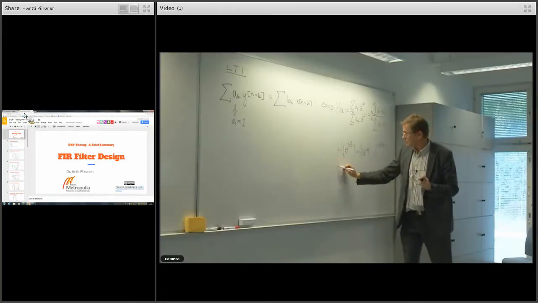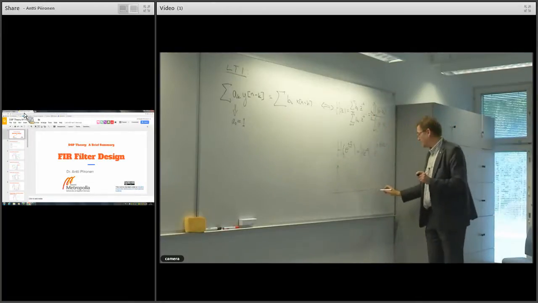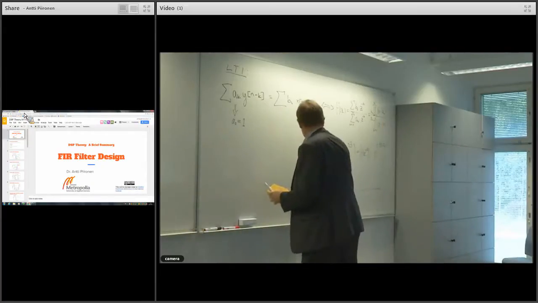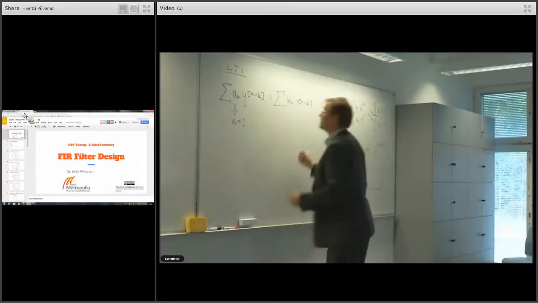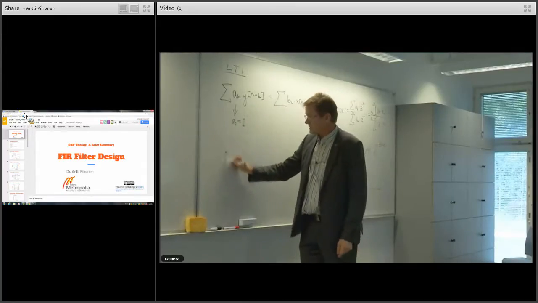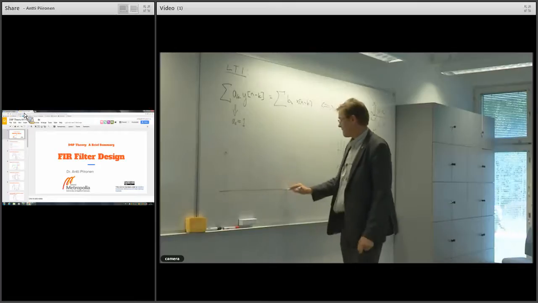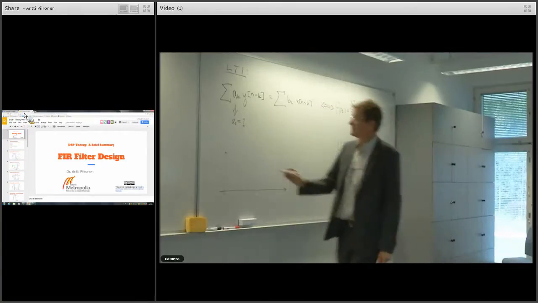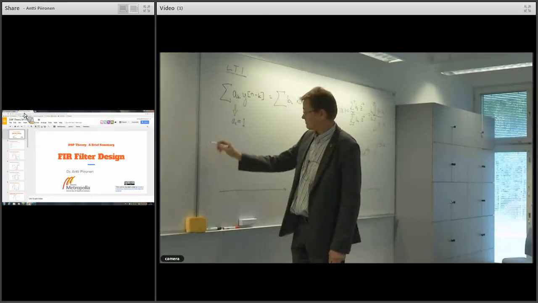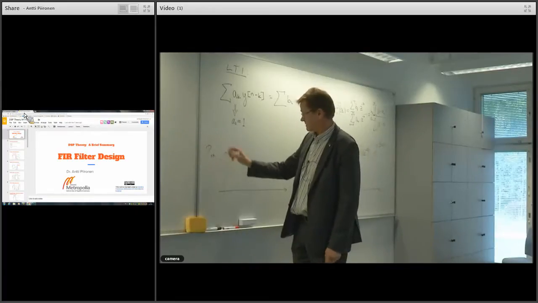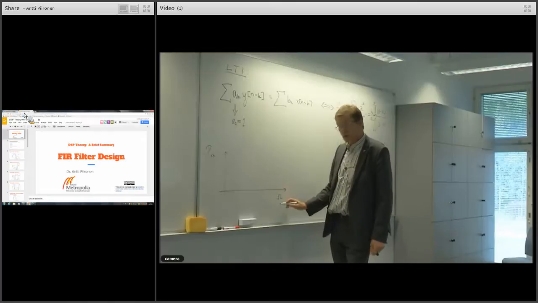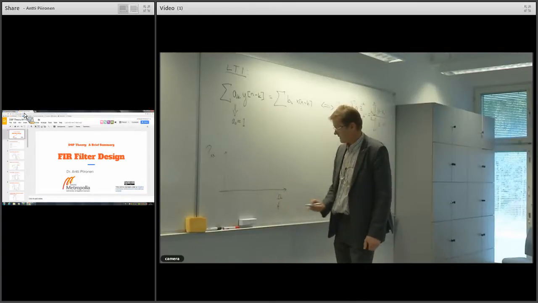But for example, if we do frequency analysis, spectrum analysis of signals, so the Fourier spectrum Pxx of some signal, here's our normalized frequency omega or physical frequency f.